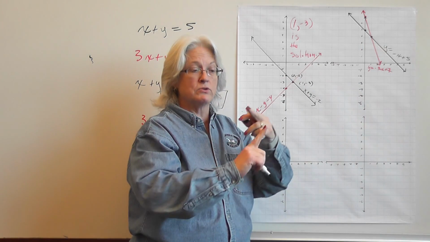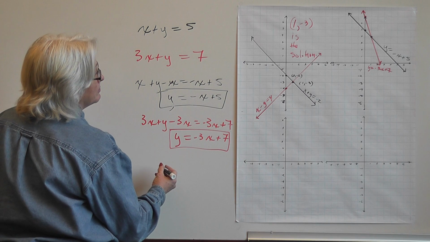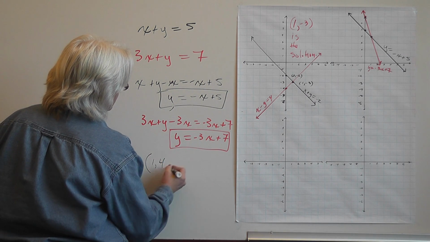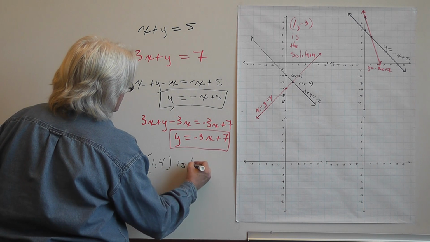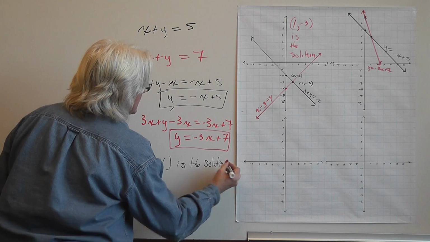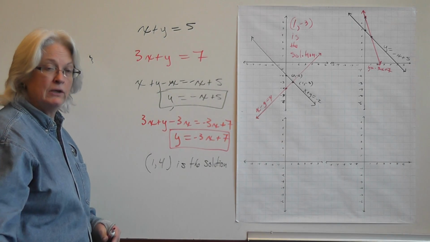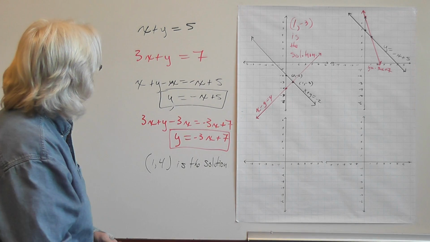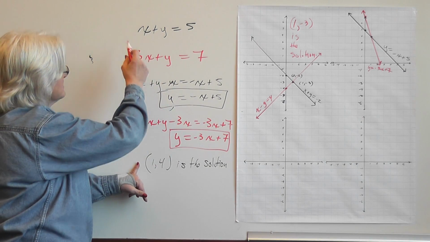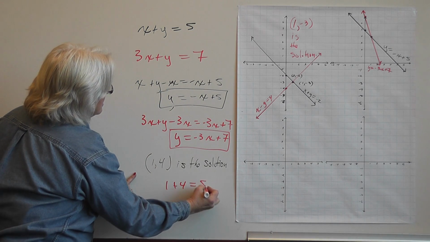The point of intersection, the coordinates of the place where those two lines intersect, is represented by the ordered pair 1, 4, and that's the solution. How do I check this? Well, whether I do it mentally or actually substitute this ordered pair into both equations. x is 1, y is 4.